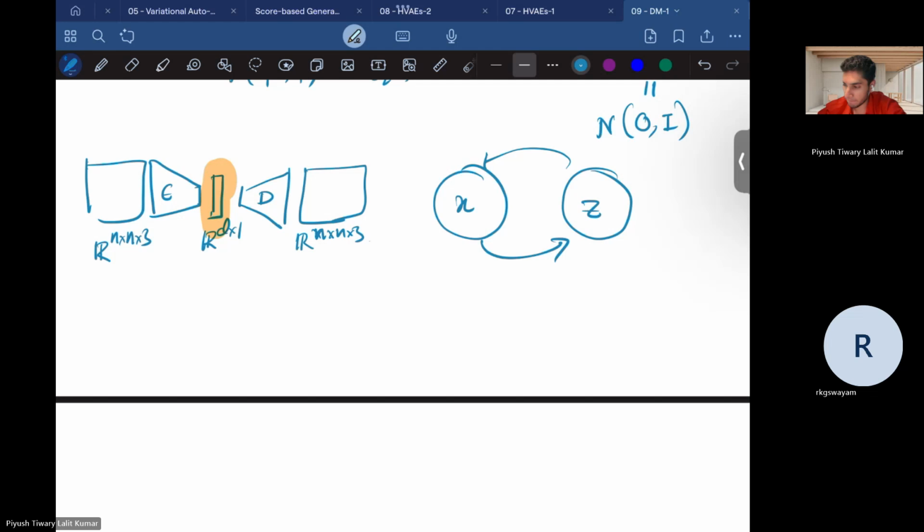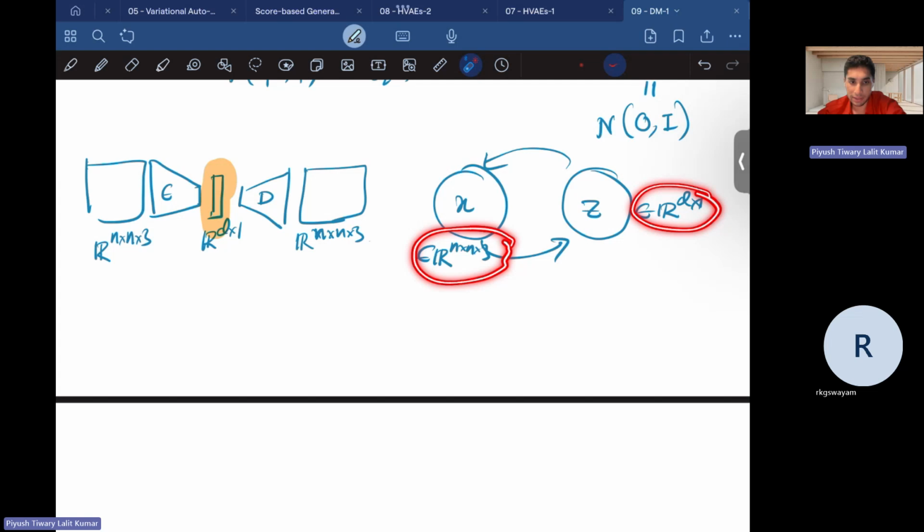Here Z belongs to some R D cross 1, and X belongs to some R n cross n cross 3. So from this perspective, these two dimensions are not matching.